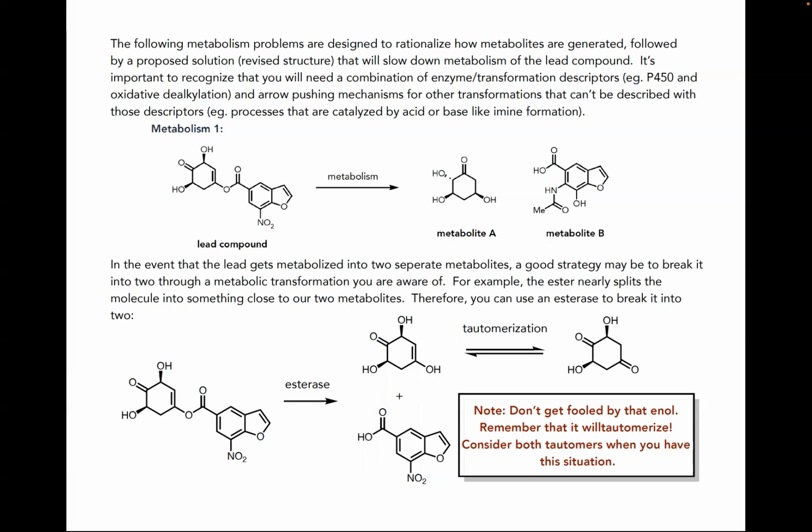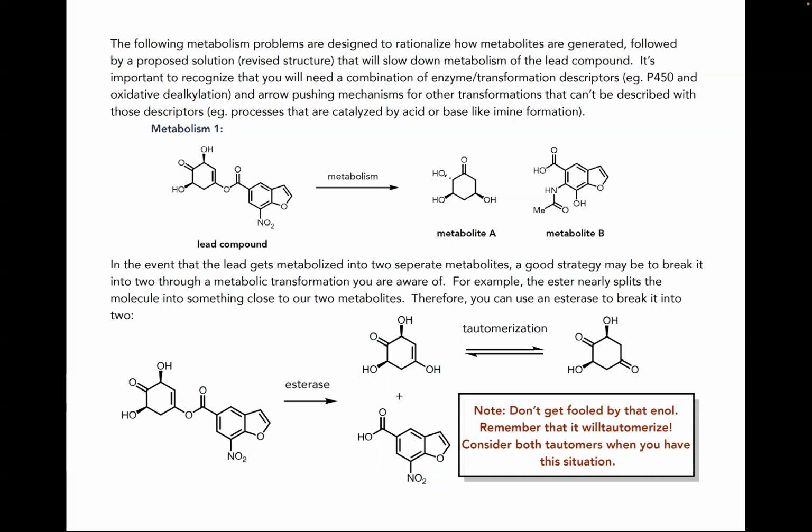So you start with a lead compound, and we'll say, okay, that thing went through metabolism and it produced metabolite A and B. Both of those metabolites are a little more complex than just one metabolic process happening and it being done right there. So now you're going to have to walk through the steps that are affiliated with the breakdown of the molecule through metabolism.